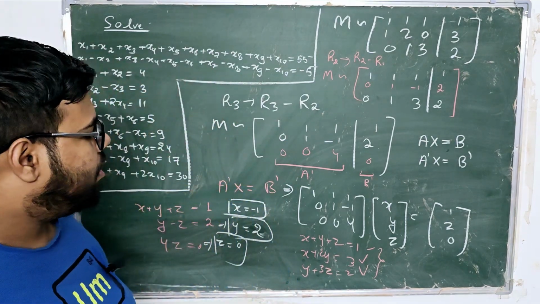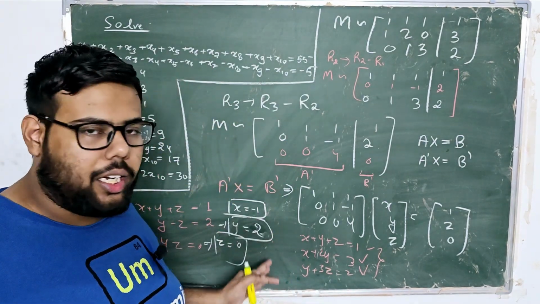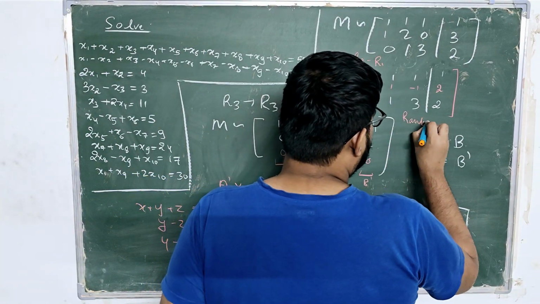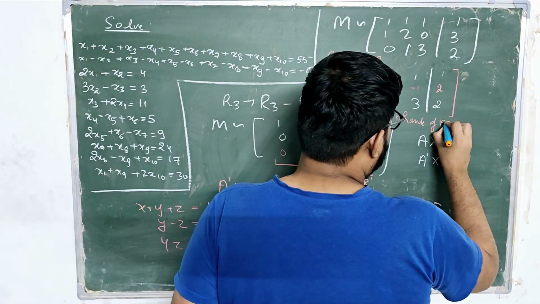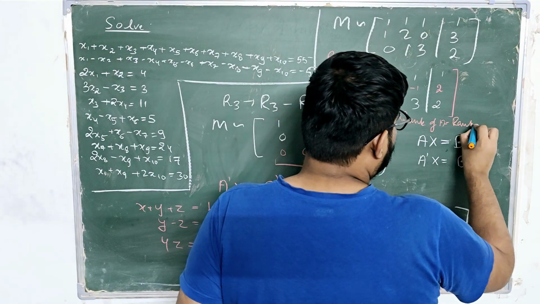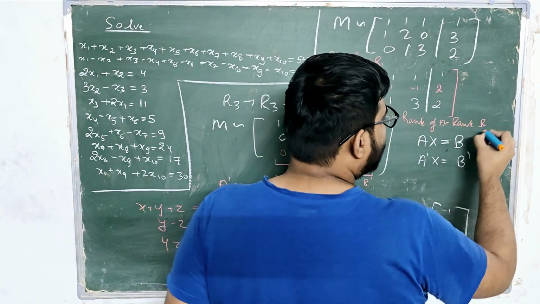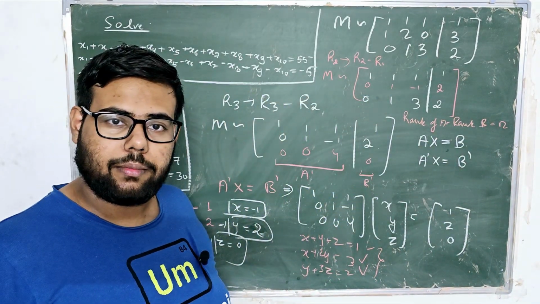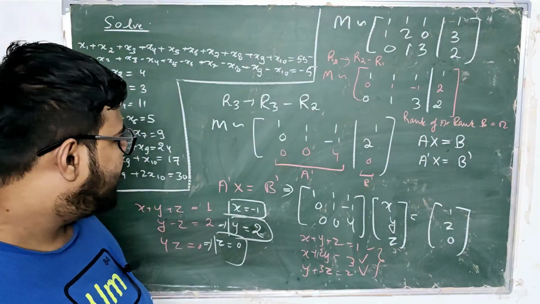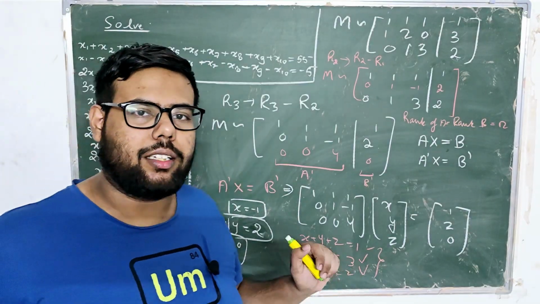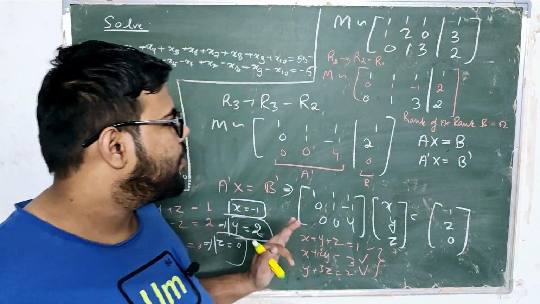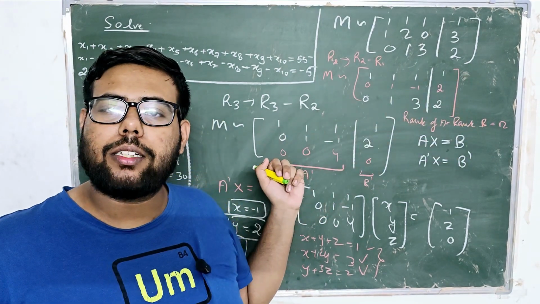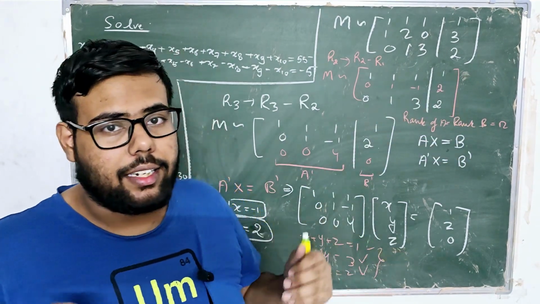Now how do we know that this is unique? Because the rank of A is equal to the rank of matrix M is equal to the number of variables, n. That is why it has a unique solution. And if the rank of A is equal to the rank of M but it is not equal to the number of variables, then it has infinite solutions.